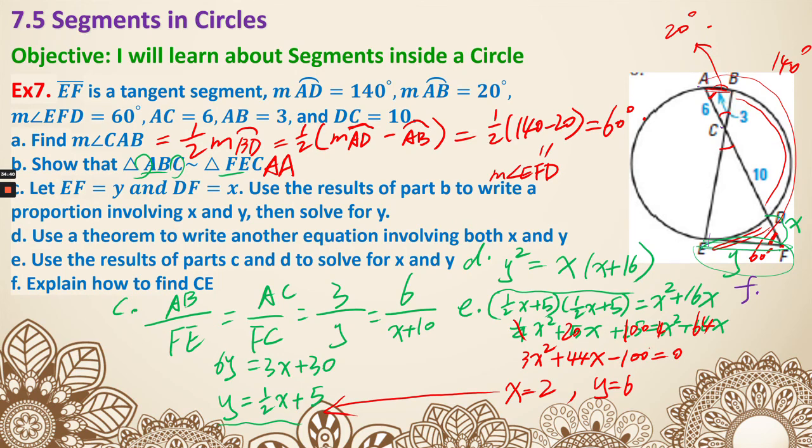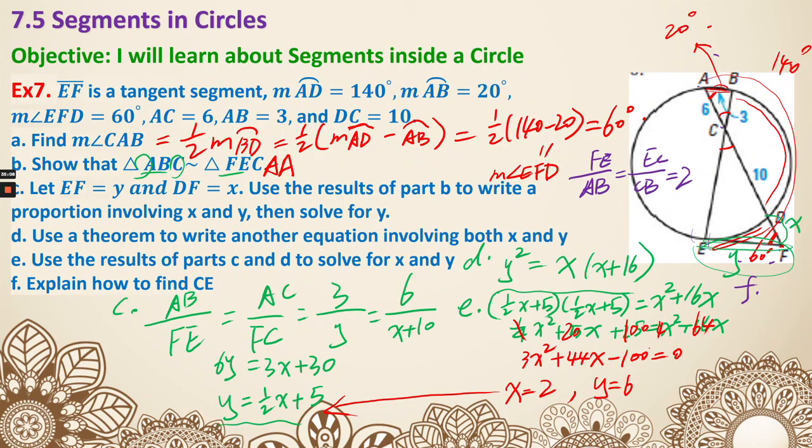For F, now we're trying to find CE. CE is part of BE, which is the chord. You look at the two triangles, EF compared to AB, that's twice. So that means EC compared to CB must also be twice, because it's the same as FE over AB. That's the same ratio, which is 2.